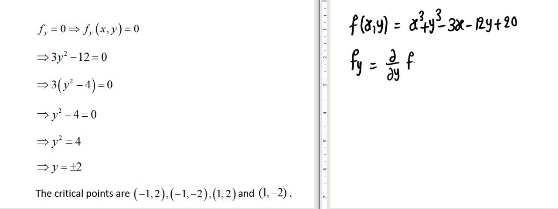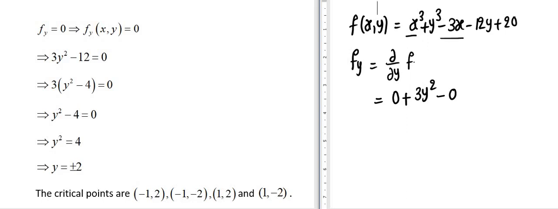Fy means dou by dou y of f. So x is constant, x cubed is constant, constant term differentiation is 0. Y cubed is there, y cubed differentiation is 3y square. Minus 3x is constant, constant differentiation is 0.